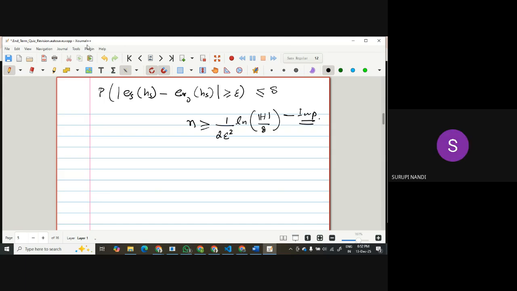Conceptually? Yes. Okay. Now, this was for finite h, but we know that the hypothesis class, the models which are there, can be infinite. We can have infinite models. So in this case, what to do?